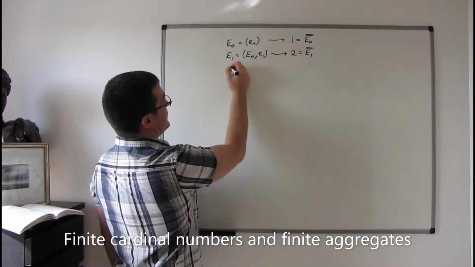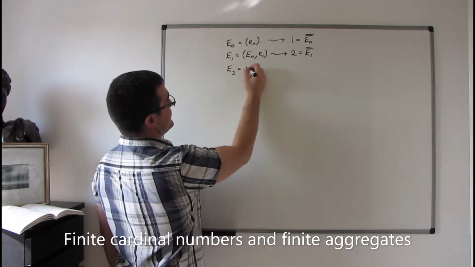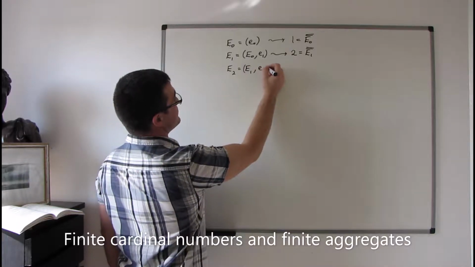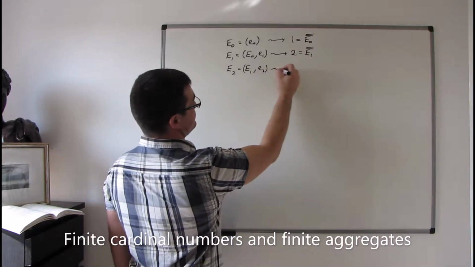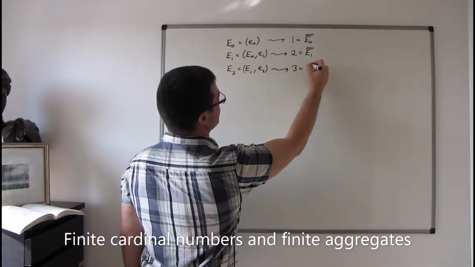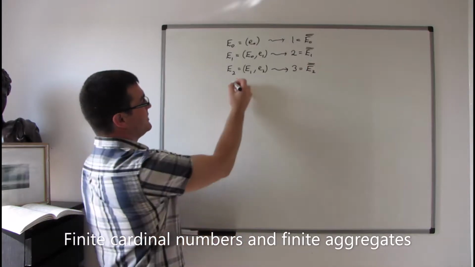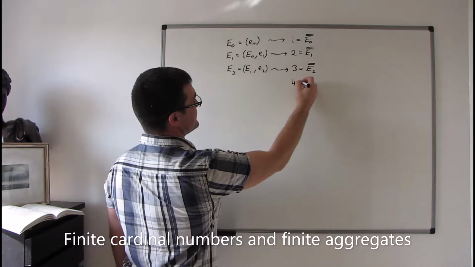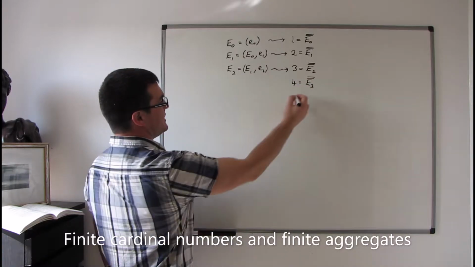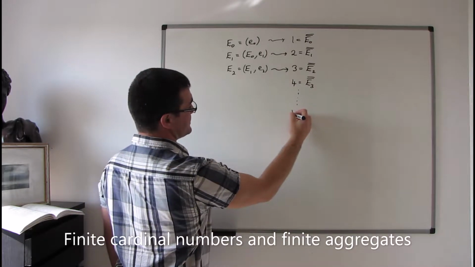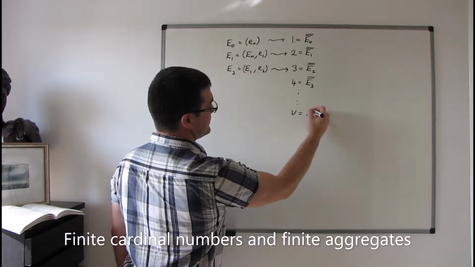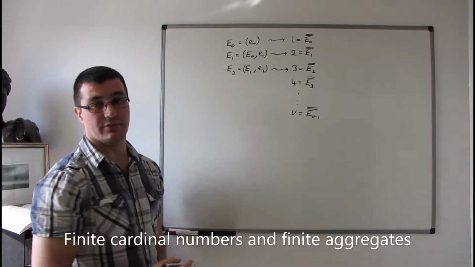Then we can define E2 to be the union aggregate of E1 and e2, and define 3 to be equal to the cardinal number of E2, and we can continue this process. So we get 4 is equal to the cardinal number of E3, for instance, and in general, nu is equal to the cardinal number of E nu minus 1.